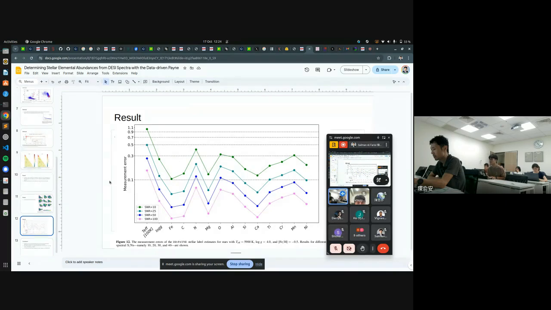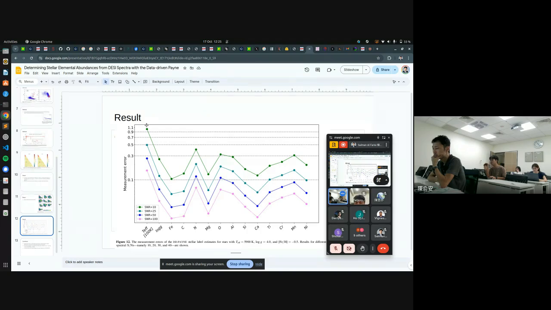Yeah, it showed the error of the machine learning. So I think this is from the test sample. Okay. So I think they didn't mention the percentage, but they mentioned the average value of the error.